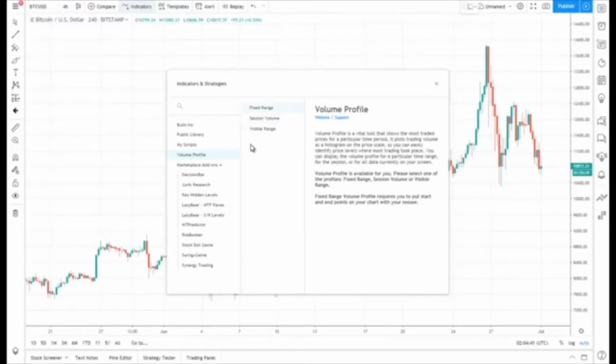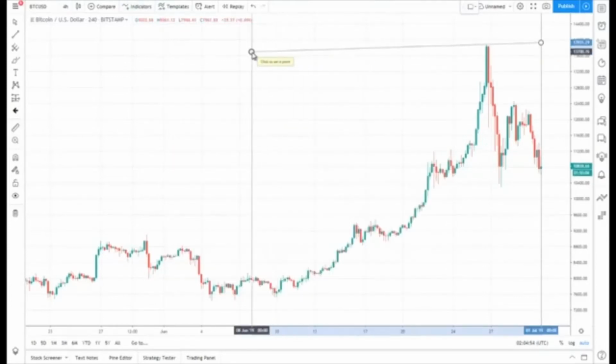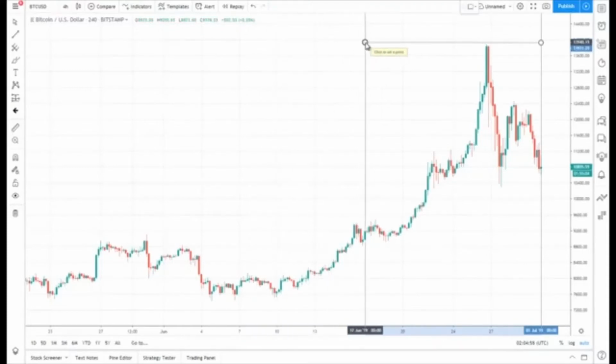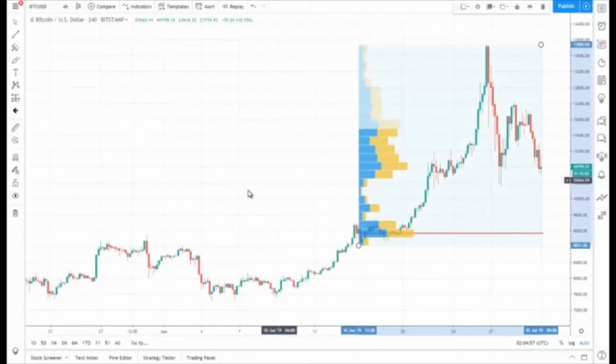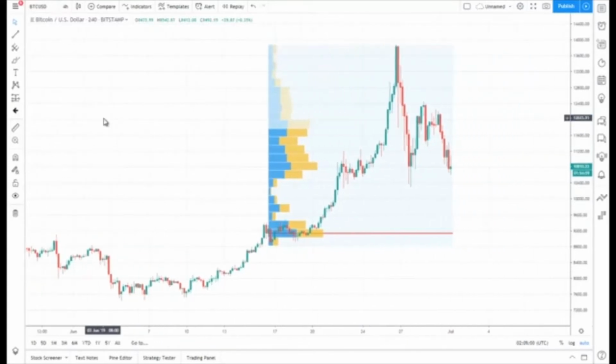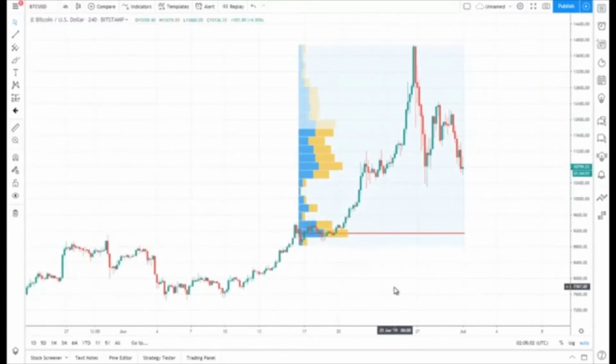When you click on fixed range, you are going to have to choose a specific period of time on your chart. So we are going to start by clicking on the last candle and then moving the mouse to the previous low, because we want to analyze where the volume has been traded in the past sessions.